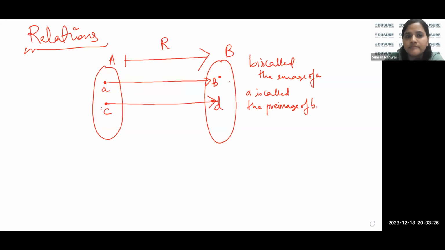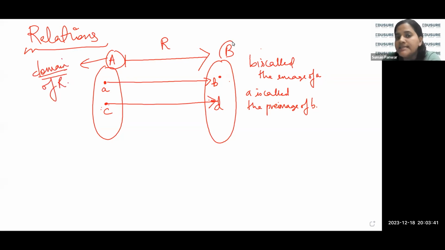Now, this set A is known as the domain of R. This set B is called the codomain of R.